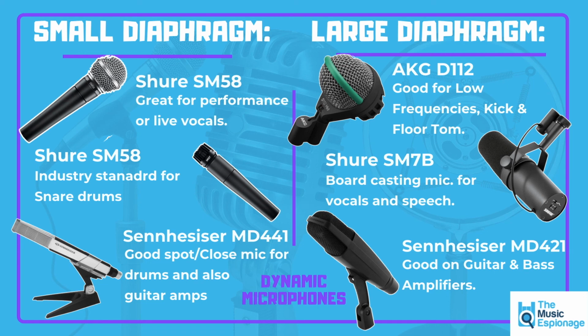Really good for vocals and speech, but maybe not used for instruments in the recording studio. Finally, Sennheiser MD421. A great microphone again for amplifiers, anything like a guitar amp or a bass amp. That microphone, fantastic. Just like the Shure 57 and 58, that microphone will be in nearly any studio around the world.